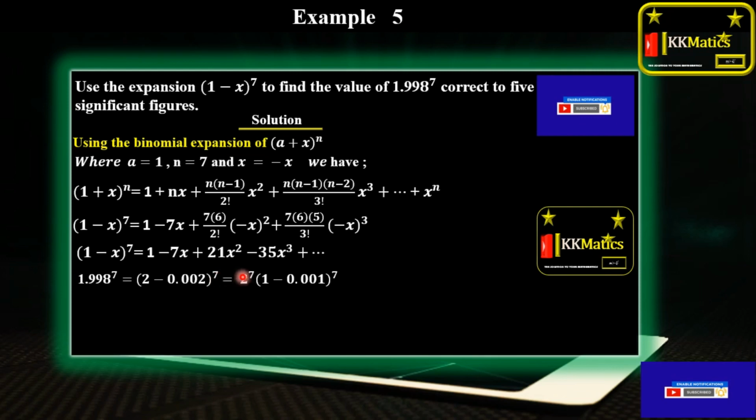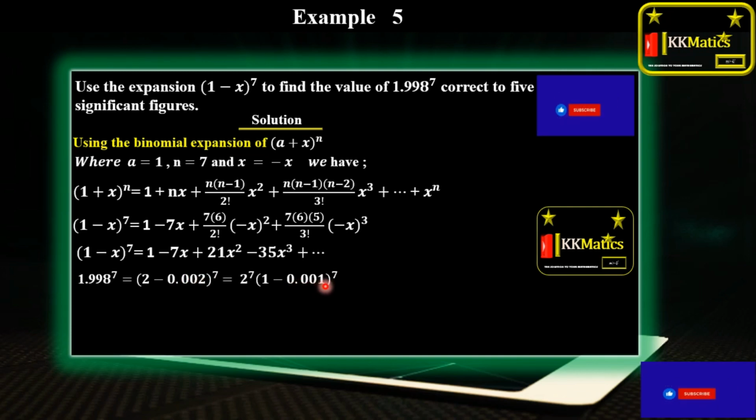So in bringing 2 out, note that the 2 will be affected by 7, and that's why we have 2 raised to the power 7. Since we factorize 2 raised to the power 7 out, this also affects the other side, and that's the reason why we are left with 0.001.